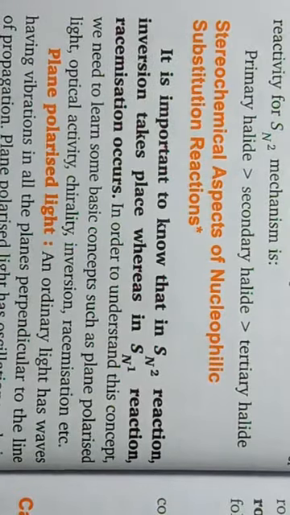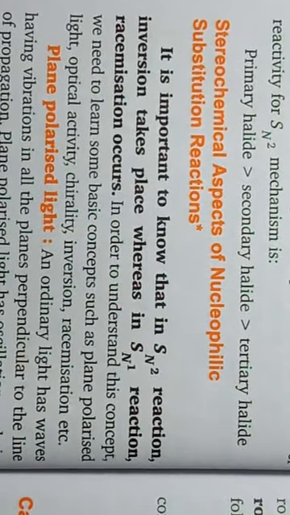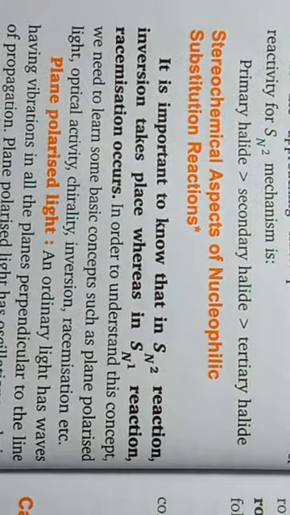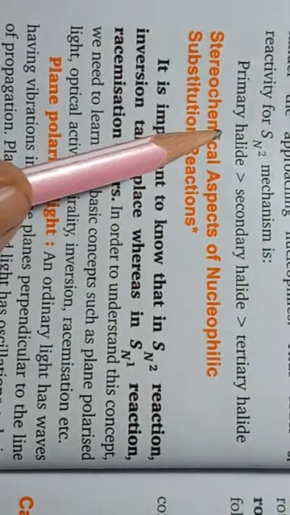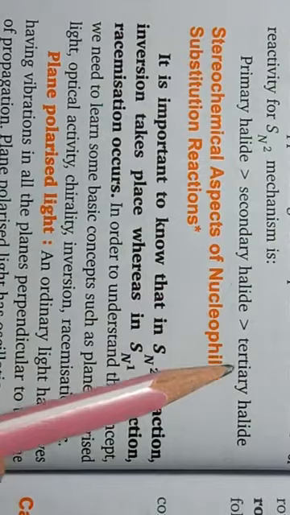Then after this, a number of small points are here, and those points we will discuss with the help of your book only. Okay children, so the order of reactivity of the SN2 reaction is primary halide to secondary and tertiary.